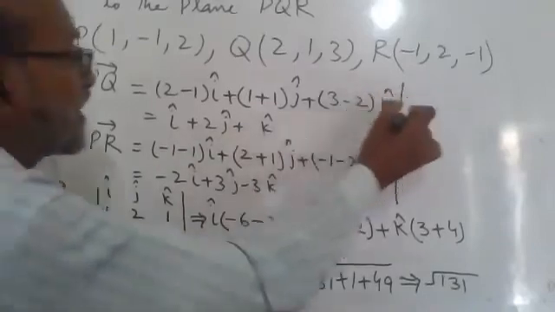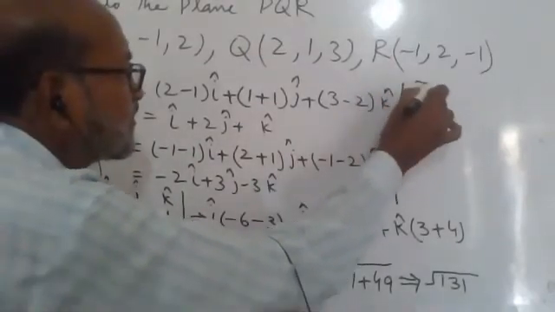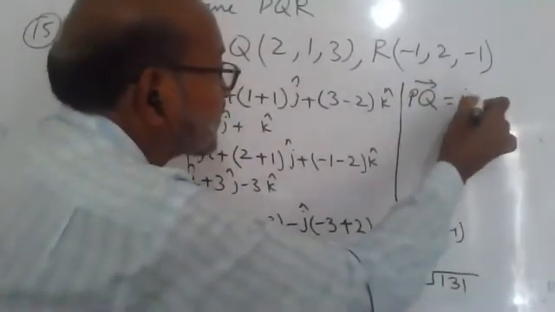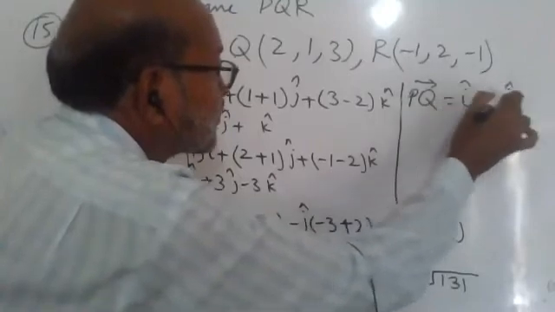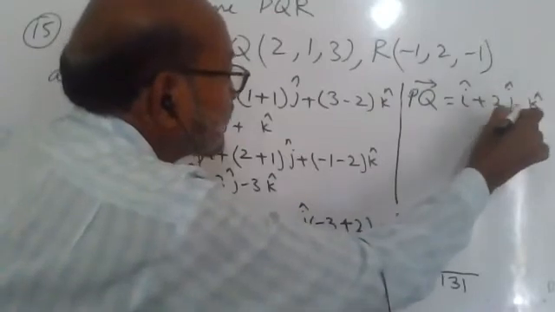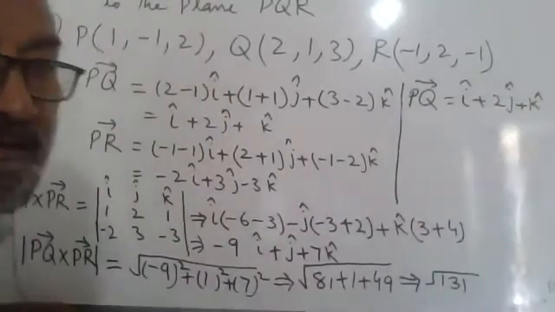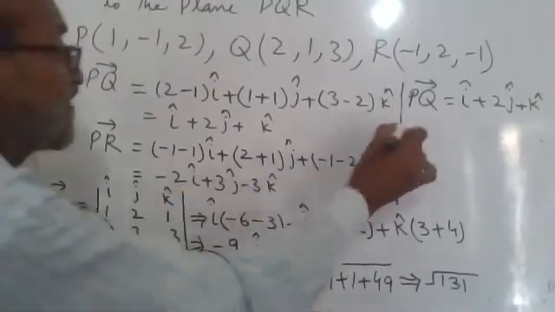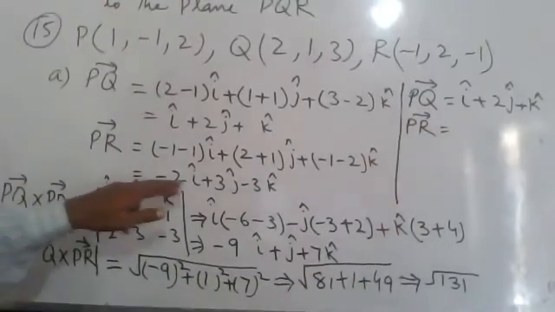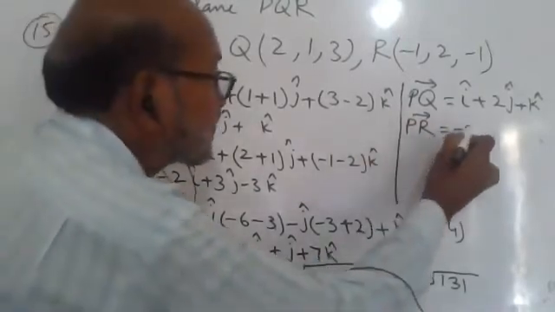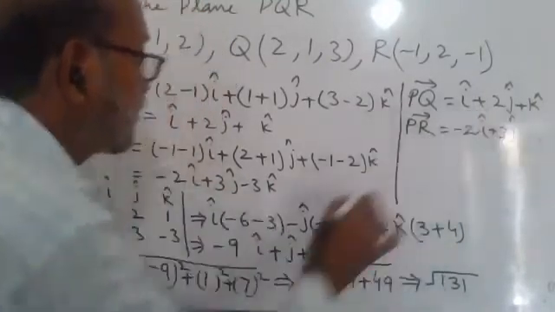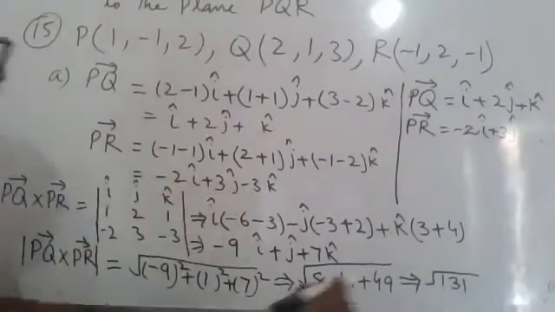Here I am writing vector PQ. That was i plus 2j plus k. And vector PR is minus 2i plus 3j minus 3k.